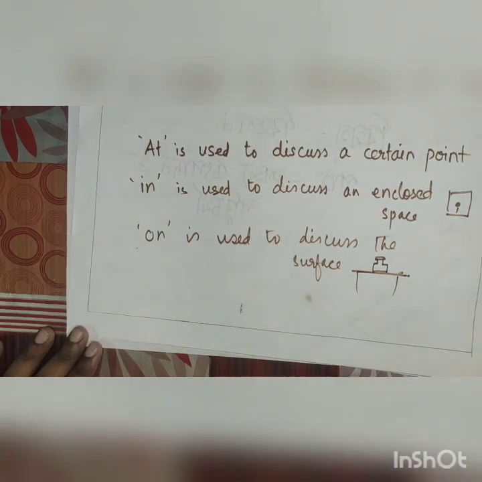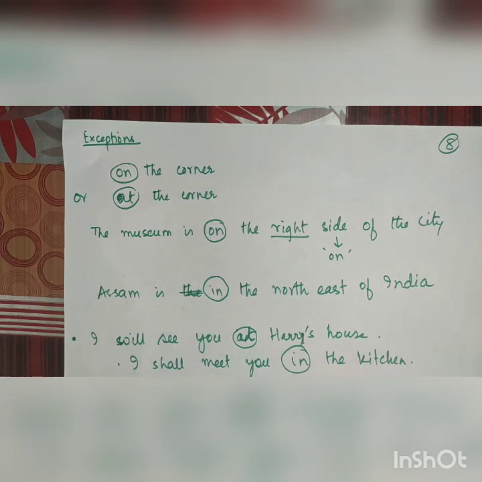So learning prepositions is not that easy. You have to practice a lot just to have perfection, and also you need to learn the meaning behind that particular sentence. There are certain sentences like "the car key is on the corner" or "the car key is at the corner."